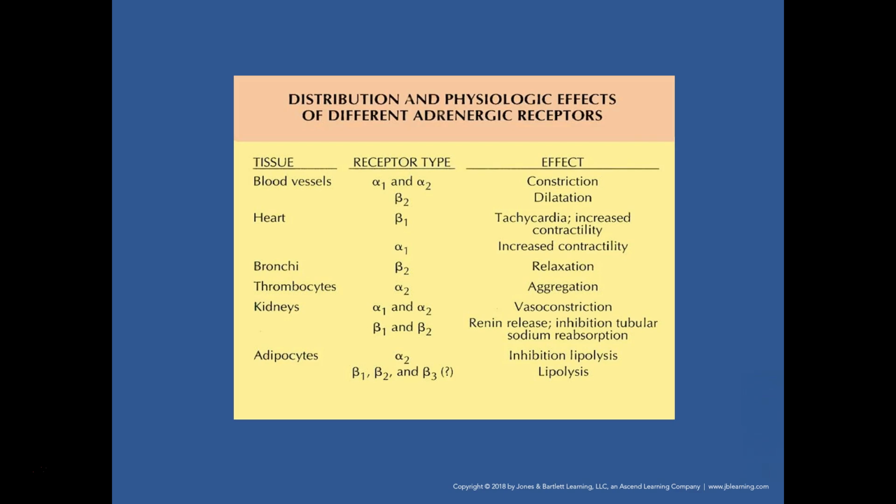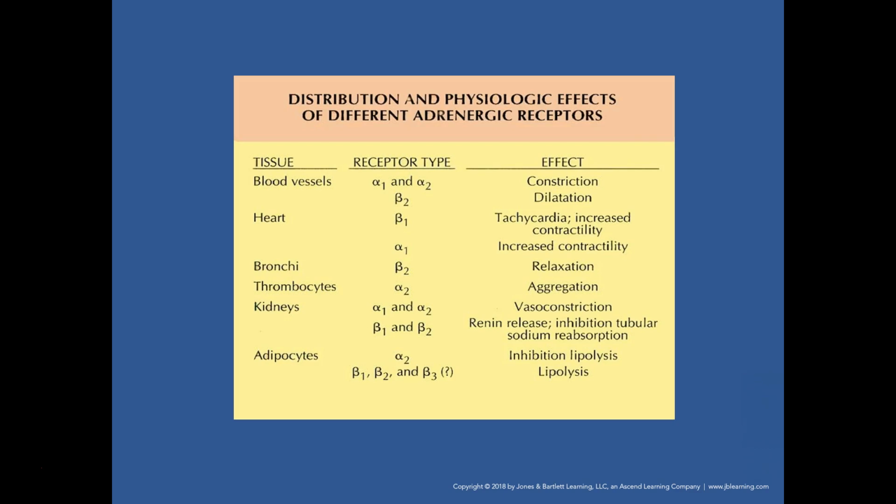This way we can look more specifically at the specific receptors that particular drug or medication is going to target. So when we look at a medication and we see that it's a beta 1 agonist, or a beta 1 antagonist, we can see that it's either going to stimulate the heart or it's going to slow down the heart.